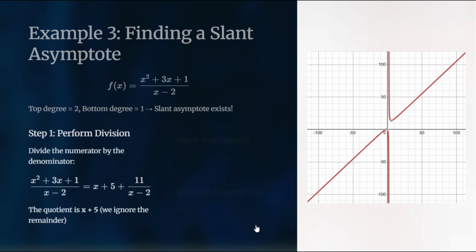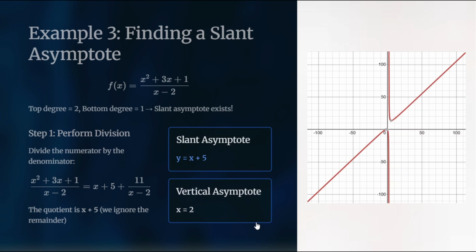So I'll need to divide the numerator by the denominator: x squared plus 3x plus 1 divided by x minus 2 is equal to x plus 5 plus the remainder of 11 over x minus 2. So in this case, the quotient is x plus 5. We ignore the remainder. So I have a slant asymptote y equals x plus 5.